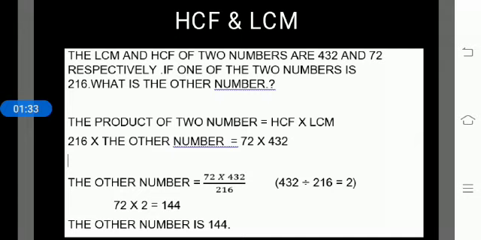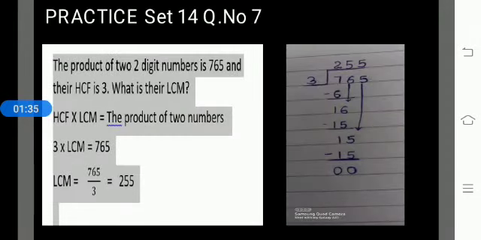The next sum. Question number 7. The product of two numbers is 765 and the HCF is 3. What is the LCM? The product of HCF and LCM is equal to the product of the two numbers.